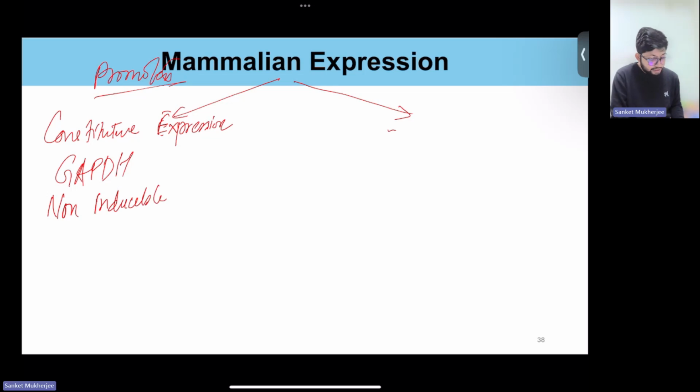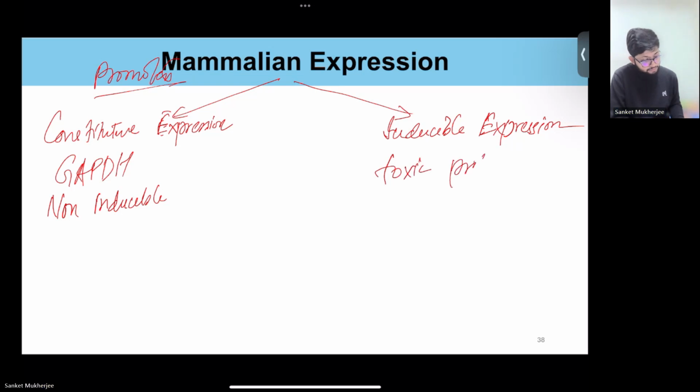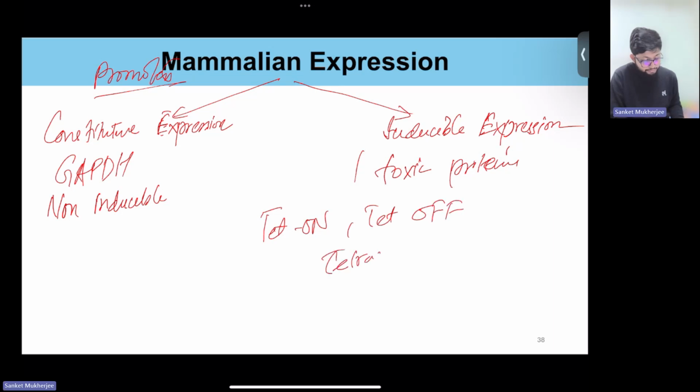Or there could be inducible expression. They are used for toxic proteins. The inducible expression system for mammalian cell lines is the TET on, TET off system, which is controlled by tetracycline.